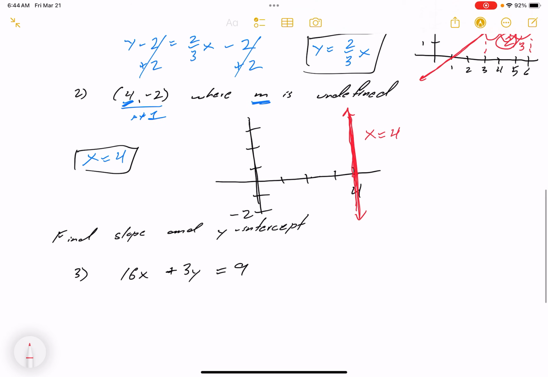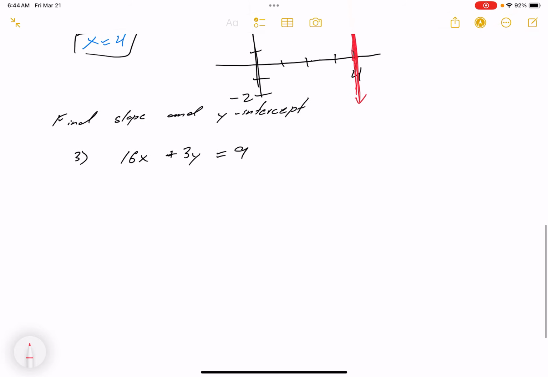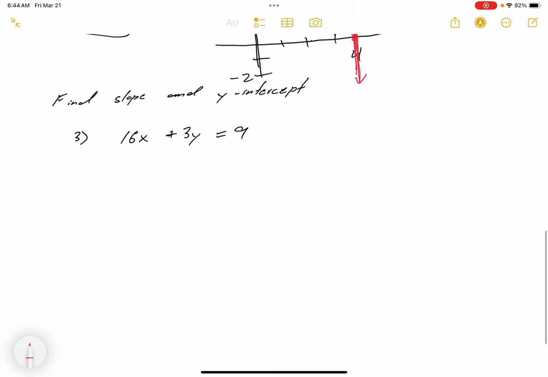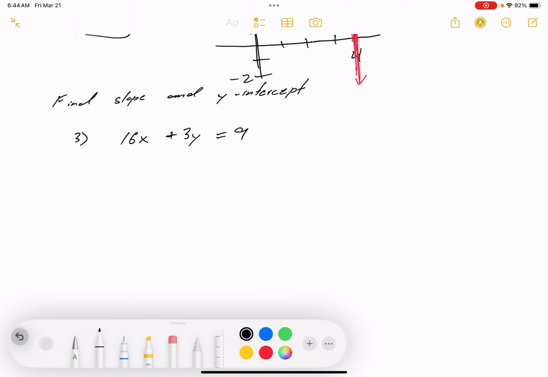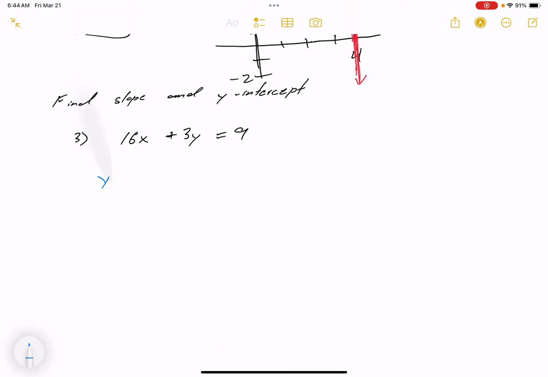Okay, so let's go ahead and move on to our last example. Find the slope and y-intercept. To find the slope and y-intercept, we want this to be in the y equals mx plus b format.